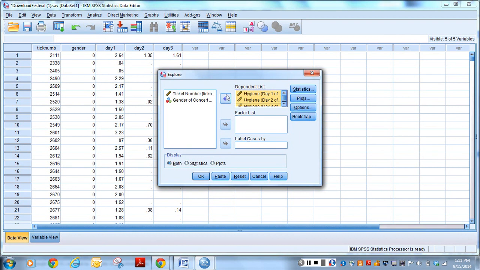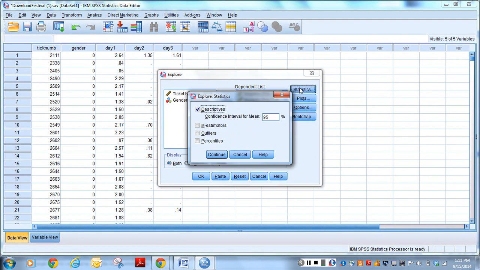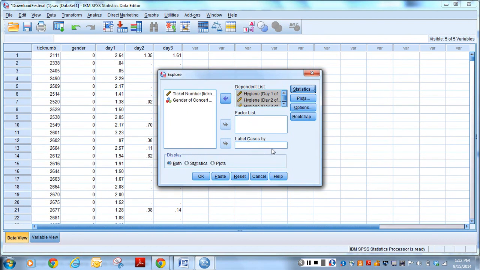Remember that the dependent variables are our outcome variables. And then we're going to click on Statistics. It's just going to give us our general descriptives. This is our default, and so that's fine. So we'll just click Continue.